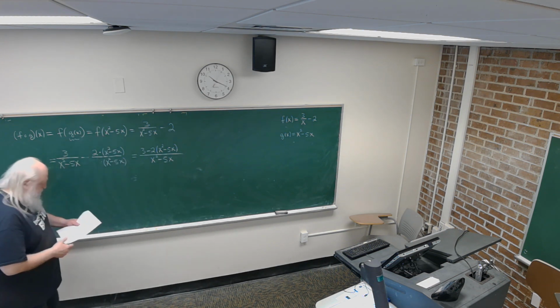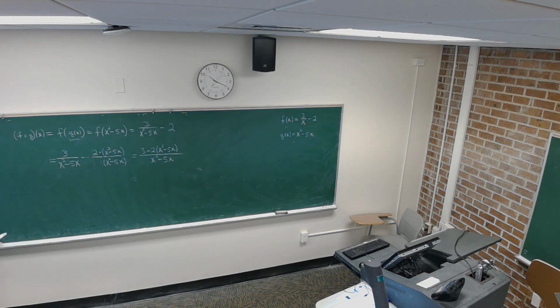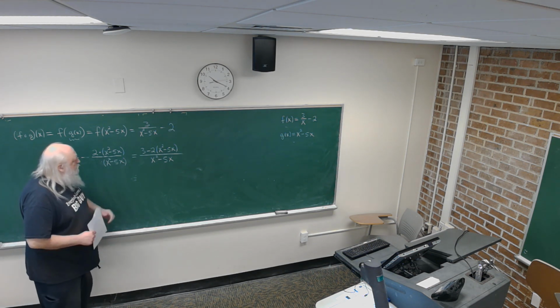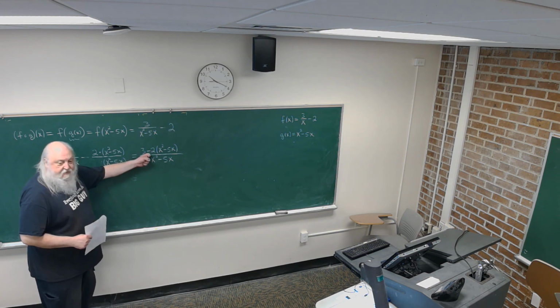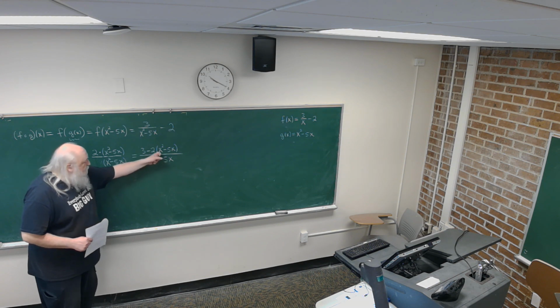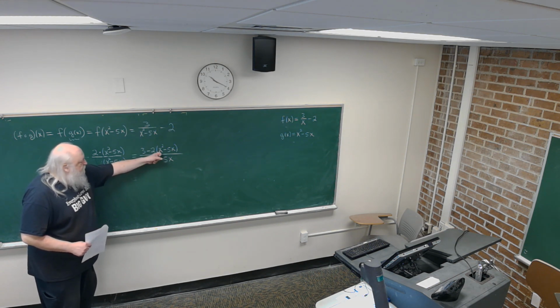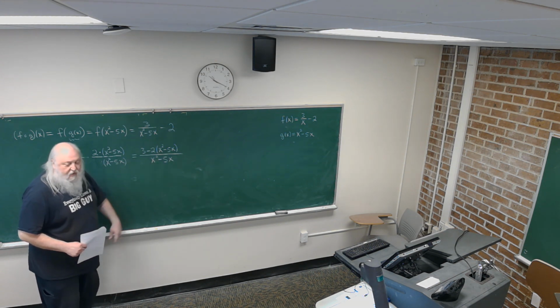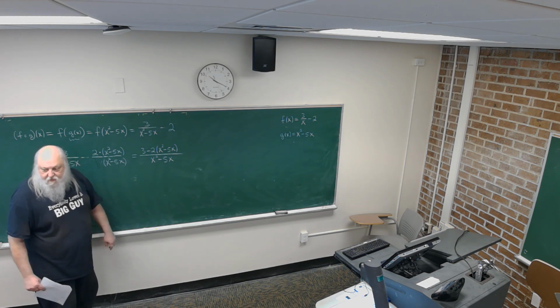Well, now you've got to distribute the -2 inside the parentheses. This is why you put stuff in parentheses. Because if you don't, you'll write this as -2x squared minus 5x, and it messes up the entire problem.